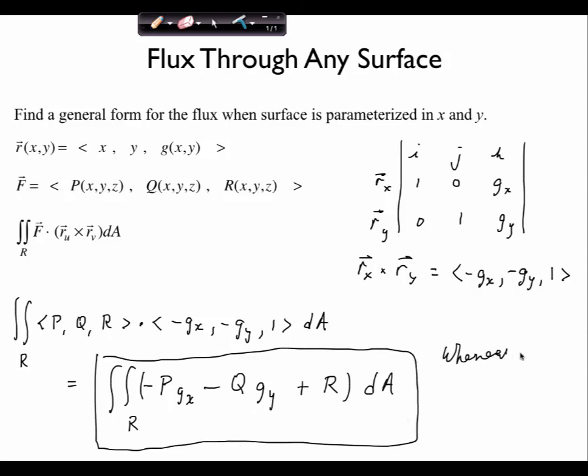So whenever R is in x and y, and your surface is the multivariable function g, this is the flux when you've parameterized your surface in terms of x and y.